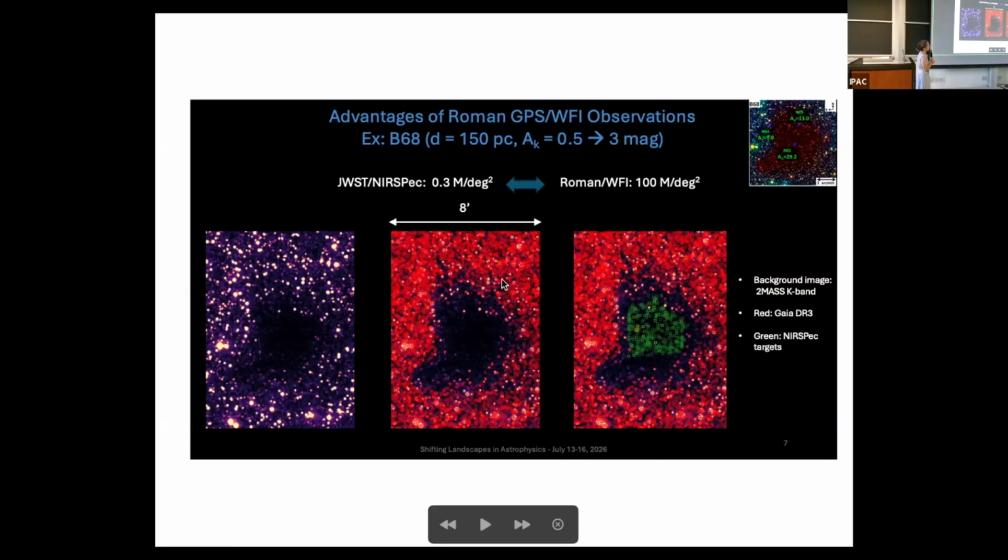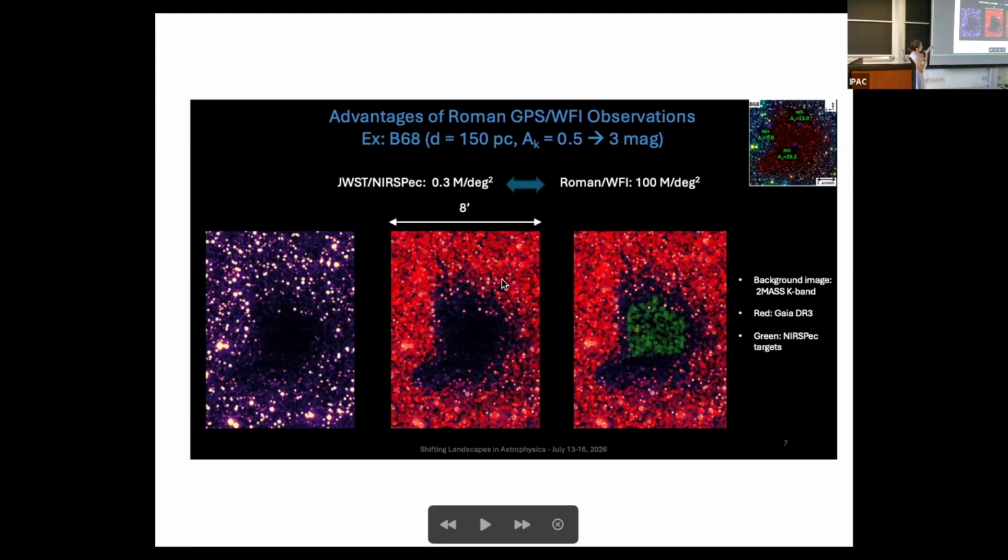This is one of the objects I've been looking at, B68, a nearby prestellar core, and it spans an extinction from 0.5 to 3 magnitudes in K, so about 5 to 30 magnitudes in AV.